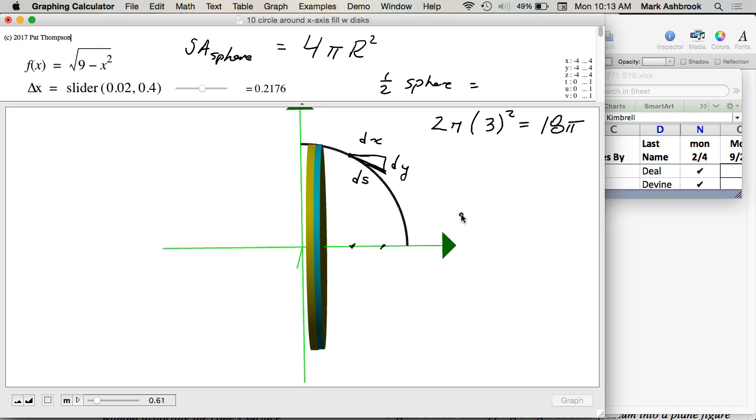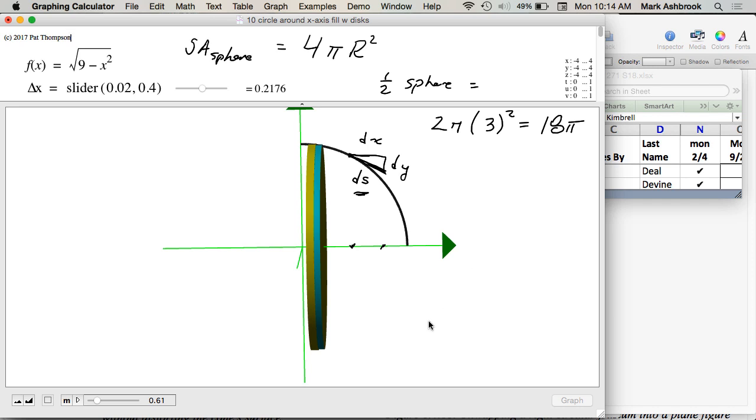So we want to use ds instead. We can't model the surface area with just plain old cylinders, because those edges stay horizontal and it doesn't work. We need a different kind of element than the volume cylinders we used before.